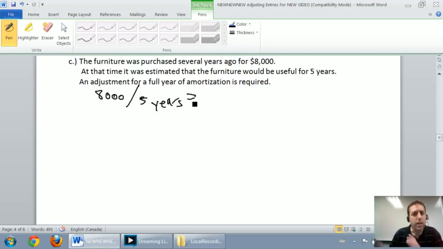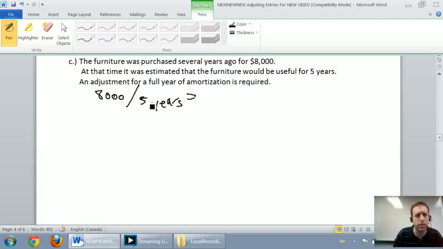It hasn't said so, but I'm assuming we want to use straight line amortization because it hasn't said otherwise. The other thing I'm assuming is no residual value. If you're not sure about residual value, I have a later video on capital assets and amortization where I get into it. But right now, we're doing basic, simple, straight line amortization.